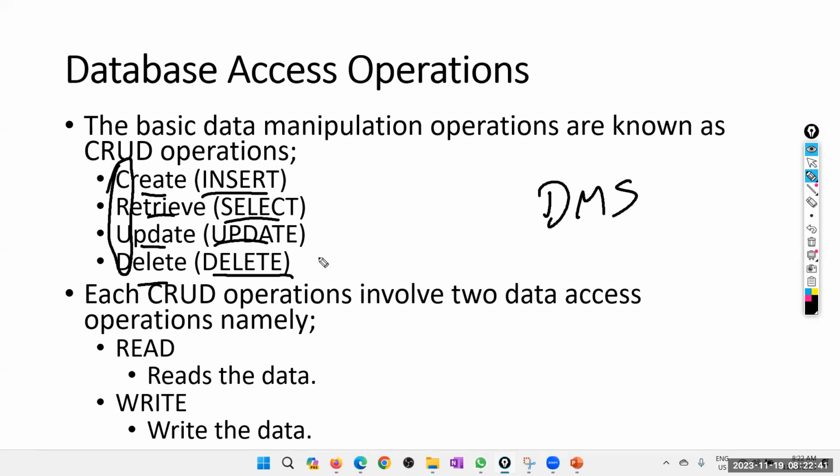But when it comes to file level, because ultimately your database is a set of files, that is what we have been discussing in the other topic, indexes and so on. When it comes to files, we have only 2 operations. That is read and write. You are already familiar with that because we have been doing the other topic, physical tuning and so on.